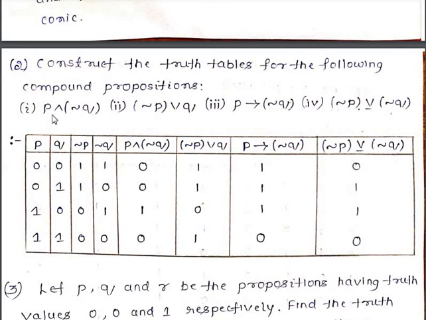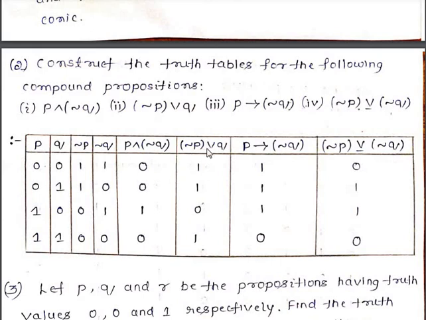In this problem, we will check only for P and negation Q. So 0, 1 gives you 0. Conjunction, remember, we have to do some kind of multiplication. 0, 1 gives you 0; 0, 0 gives 0; 1, 1 gives 1; 1, 0 gives 0.